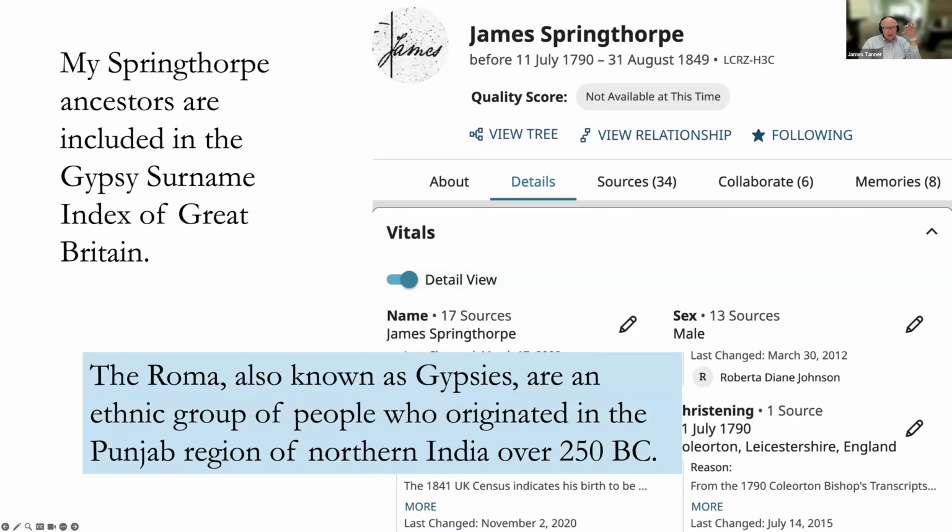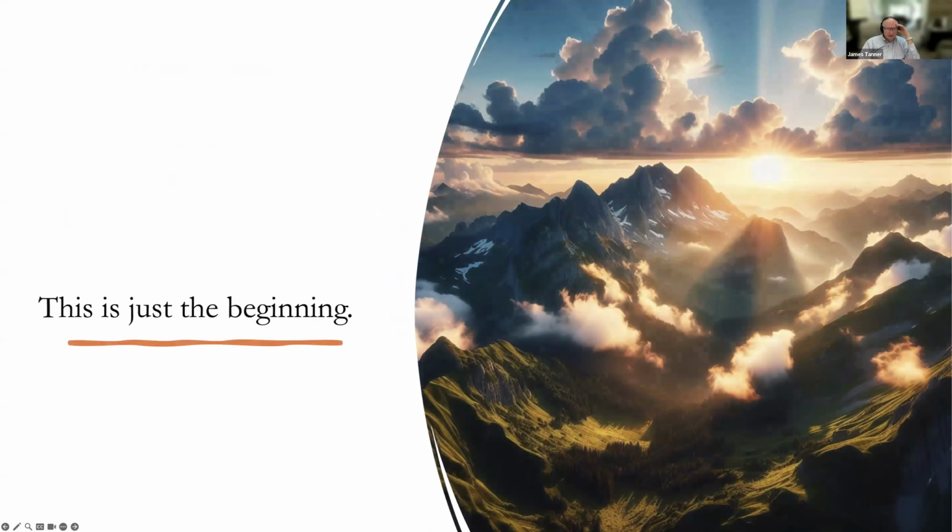There are some characteristics about the individuals, the two ladies, my grandmother and her sister, they kind of seem to be gypsies, or Roma. So we'll see if that's supported by further research. And understand this, that this is just the beginning.